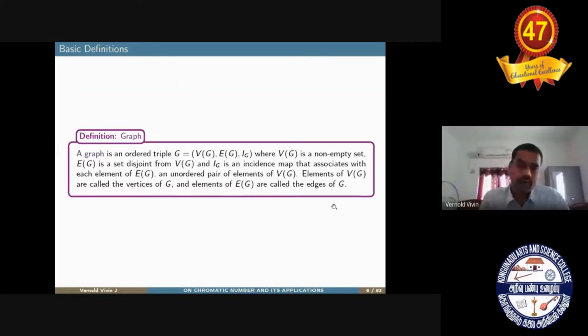So here we go for the definition of a graph. This is the formal definition of a graph.